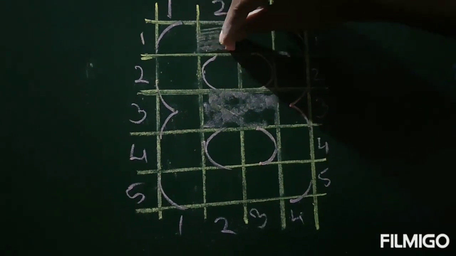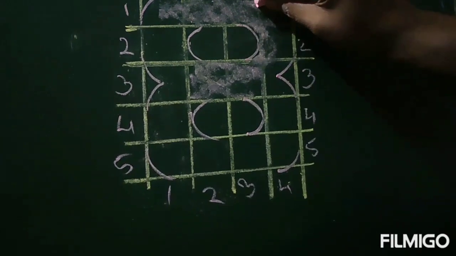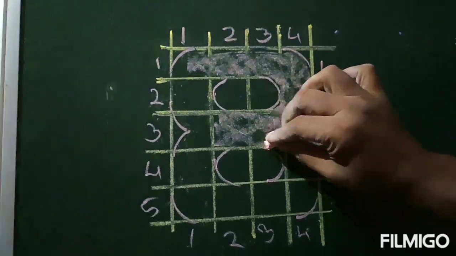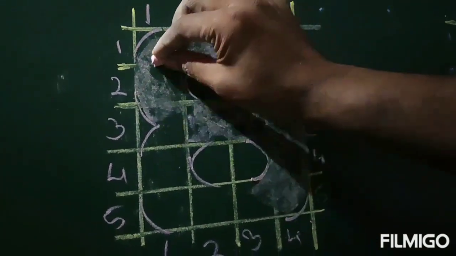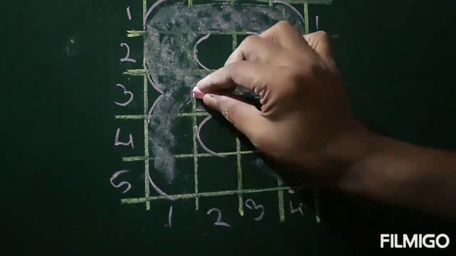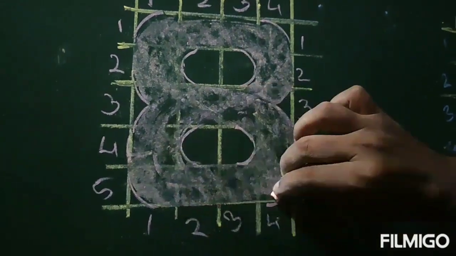Then we'll do shading of the upper vertical areas, then the area we have developed sidewise. It will take the shape of the 8 digit.